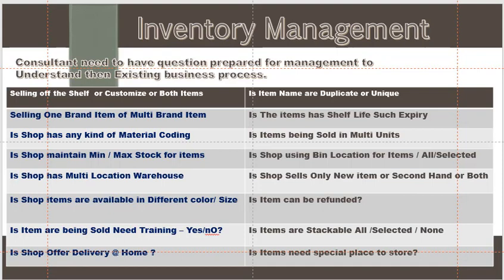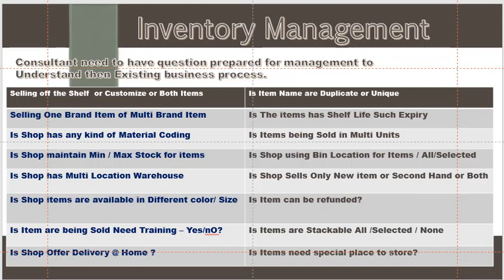Are items being sold in multi-units? What is a unit? A unit is basically the identification of how to count and measure the item. For example, if the bulb unit is a set, can the bulb be sold in pieces?